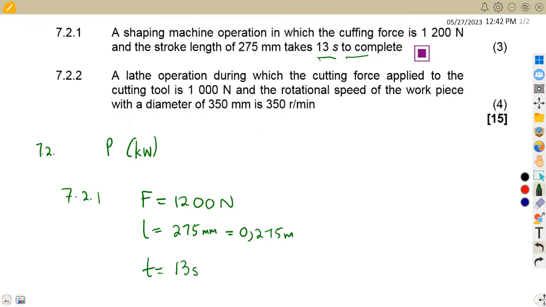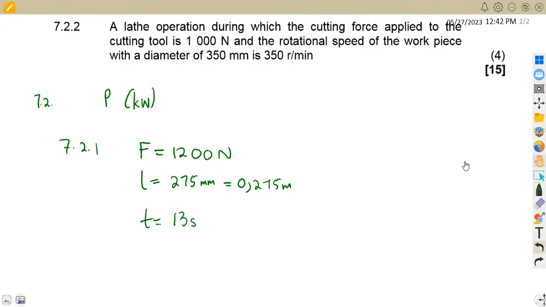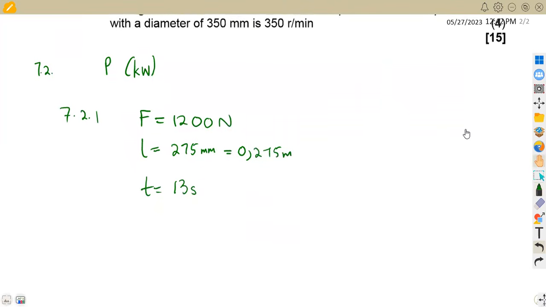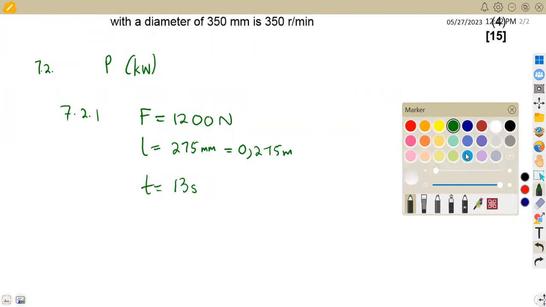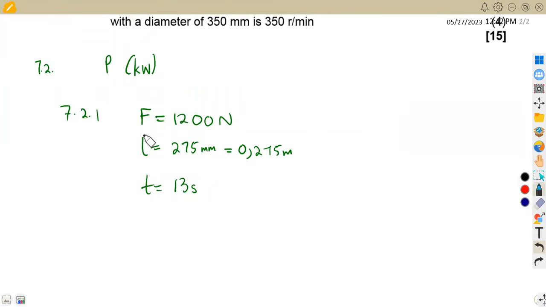So guys, when you are given these types of questions, you answer according to the information that you are given. Which formula is best to use to calculate the power from this information? We have the force, the stroke length, and the time.